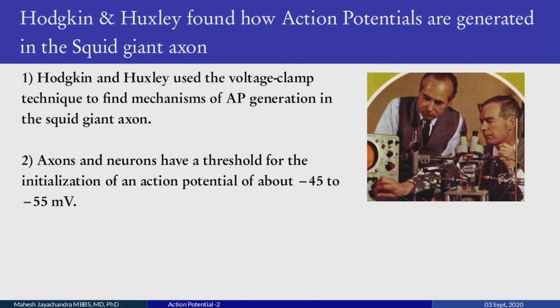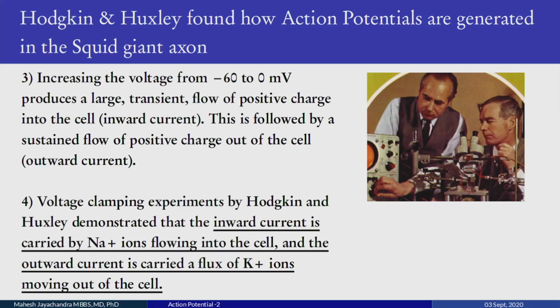Axons and neurons have a threshold for the initiation of the action potential. So their resting membrane potential is about minus 60 millivolts, and if it depolarizes, goes towards 0, to about minus 45, you have an action potential. So increasing the voltage from minus 60 to 0 produces a large transient flow of positive charges into the cell.